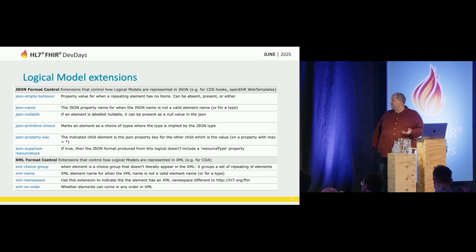For XML, things like choice groups that are not explicitly in the XML, name and namespace where the XML name is not a valid UML name, or saying that they come in no order. In JSON, controlling what happens when the content's empty, an alternate name, some things around different JSON representations, the instruction that there's no actual resource type element.